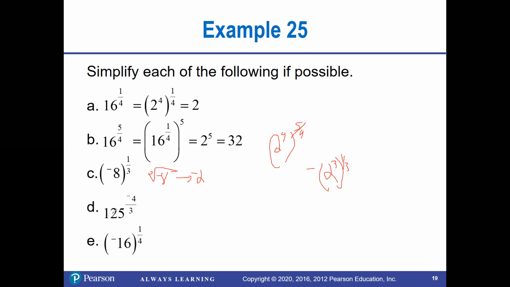This one, I would do 5 cubed, that's 125, to the -4/3. Multiply your exponents, that's going to give you 5 to the -4, which is 1 over 5 to the 4th. And then you can figure out what 5 to the 4th is: 5 times 5 times 5 times 5. I think it's 625 maybe.